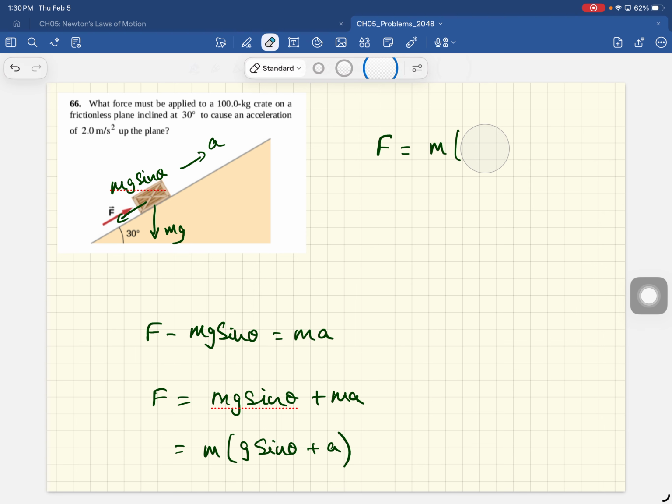Okay, this problem says two forces are acting on a 5 kg object that moves with an acceleration of 2 meters per second square in the positive y direction. If one force acts in the positive x direction and has a magnitude of 12 newtons, what is the magnitude of the other force? All right, so the object accelerates in this direction.